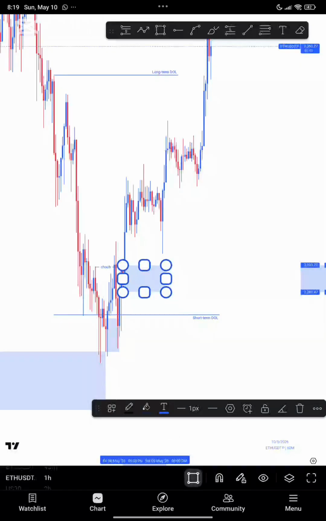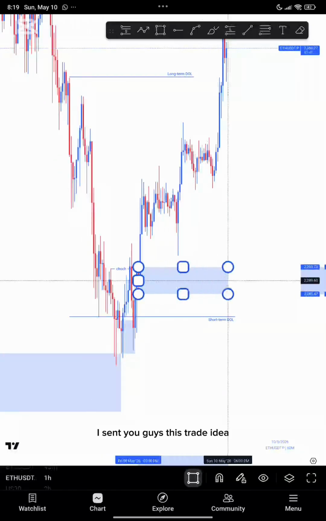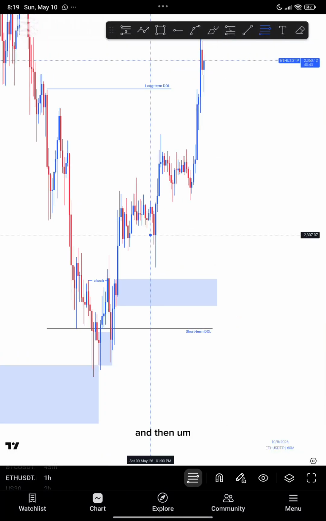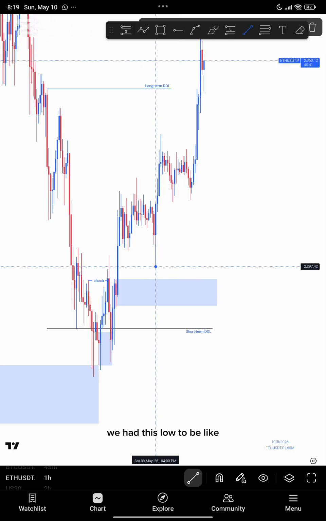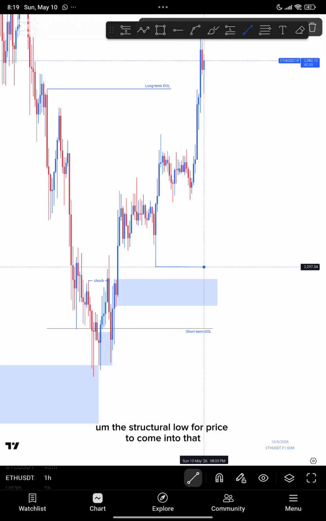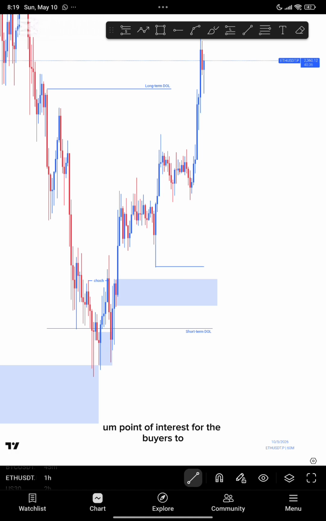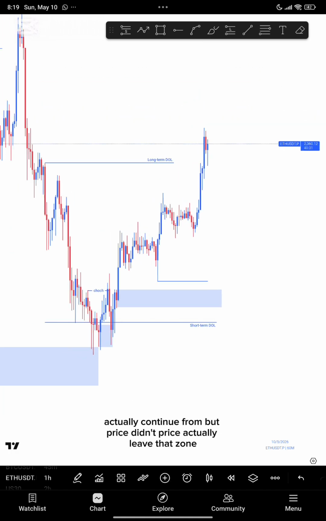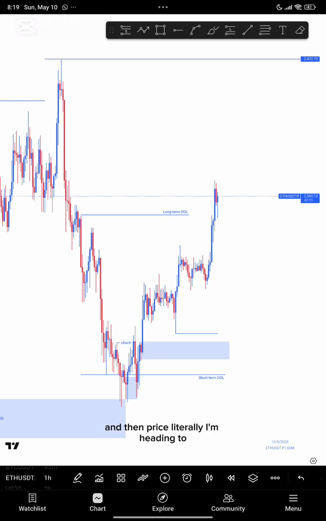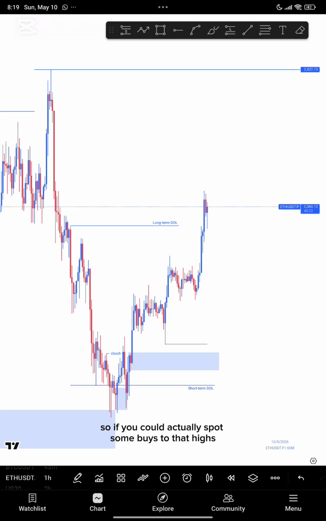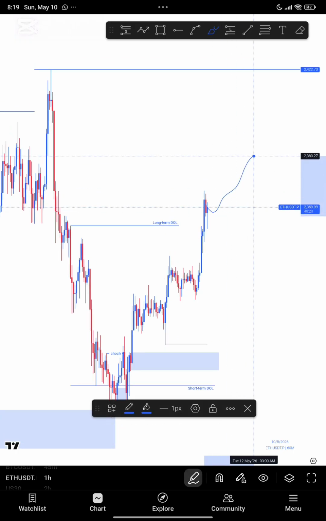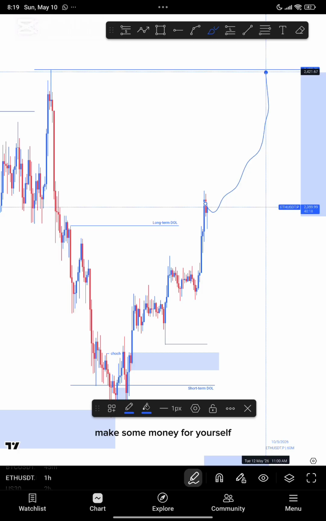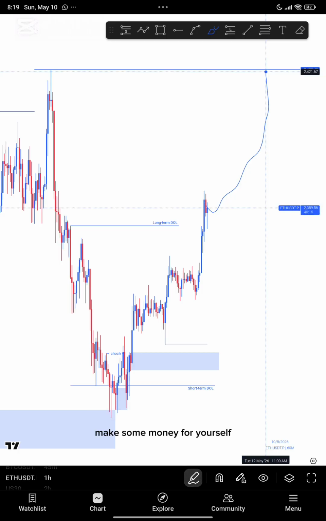So I sent you guys this trade idea, and then we had this low to be like the structural low for price to come into that point of interest for the buys to continue from, but price didn't. Price actually left that zone, and then price was heading to the daily targets at this region. So if you could spot some buys to those highs, you could make some money for yourself.